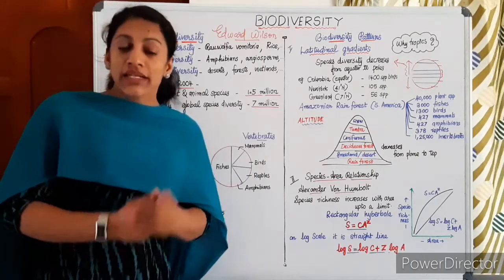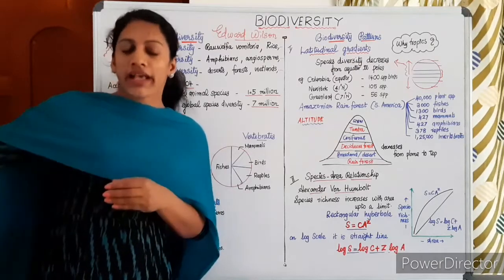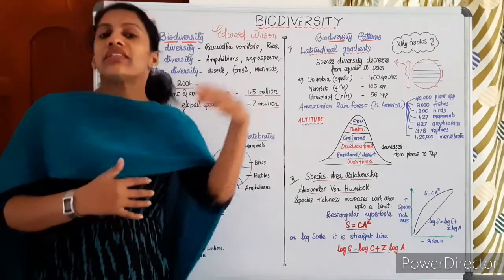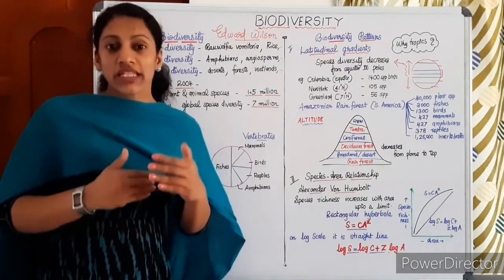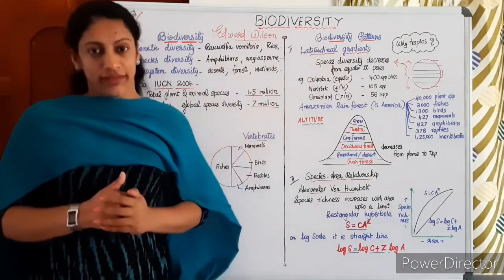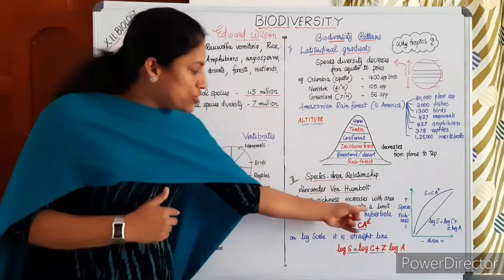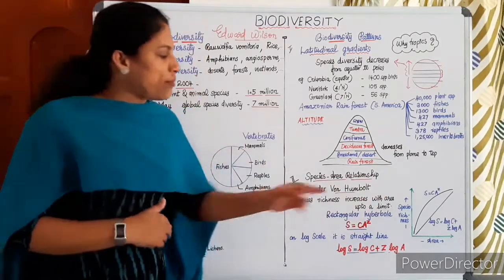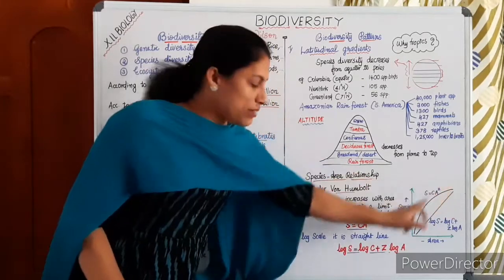When we consider a particular species' diversity along the explored area, it increases up to a limit. Species richness increases with increased explored area up to a limit. So it gives a rectangular hyperbola, according to Alexander von Humboldt. That is why this graph is like this, and there is a steady state coming.